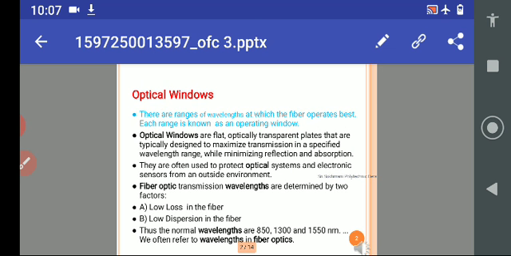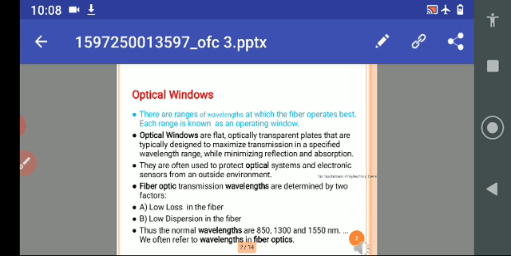Depending upon the frequency, there are n number of wavelengths, but not every wavelength is suitable for communication. So we select certain wavelengths at which the optimum results are available and the system works properly. Those proper wavelengths have a range.